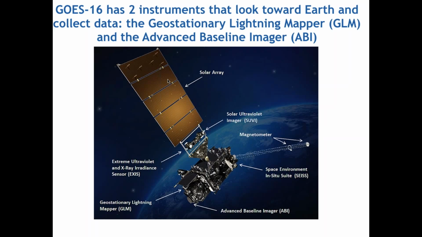There are 6 instruments on board the satellite, 2 of which point towards the Earth to collect data. These are the Geostationary Lightning Mapper and the Advanced Baseline Imager, ABI. We will concentrate on the ABI instrument during this presentation.